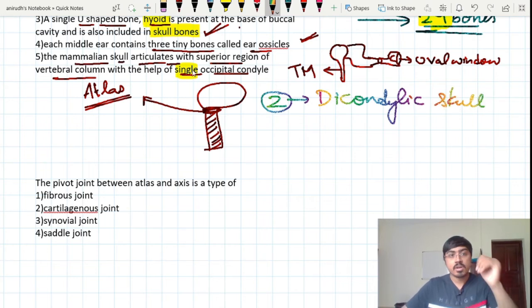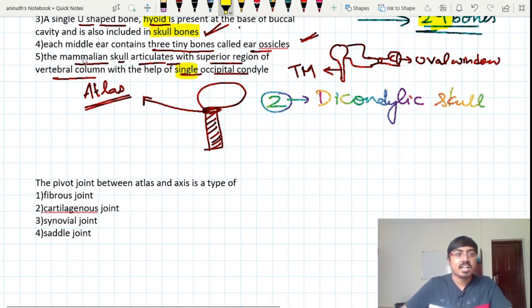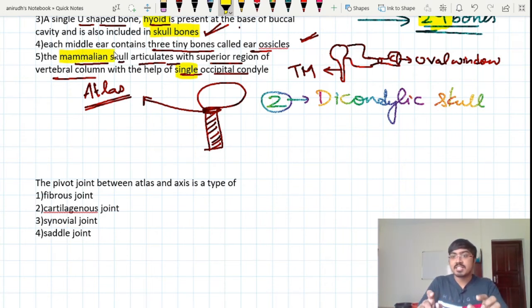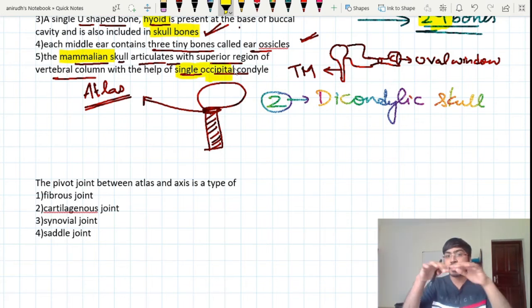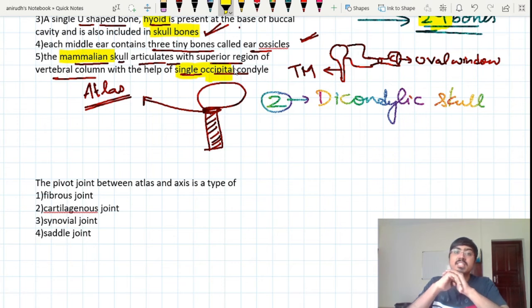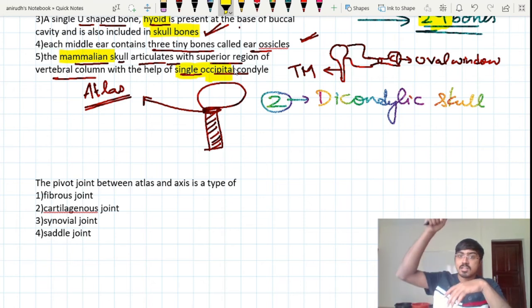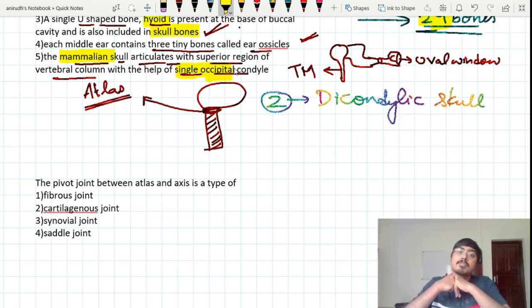So in humans, as it is given in the textbook, the mammalian skull, in mammals, you have 2 occipital condyles. So these are certain projections of the bone. So it is present in which bone? Occipital bone. Okay, that's it. In the base of that occipital bone, you will be seeing this. What other structure do you see in the base of the occipital bone? Foramen magnum, through which the medulla oblongata comes down as the spinal cord.